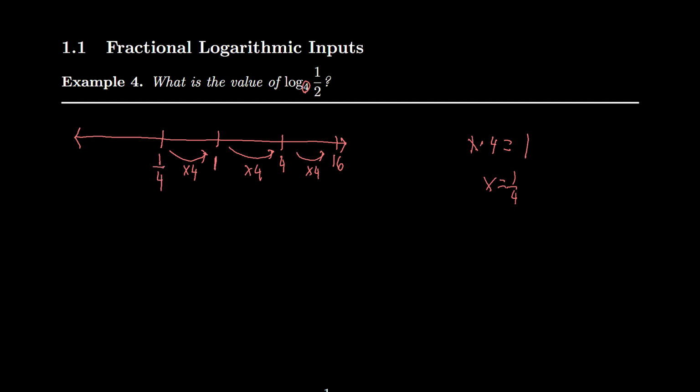So let's take a moment and think about what's going on here. Look at this and try to figure out, because 1/2 is clearly somewhere in here, what do you think this value exactly is? This value, 1/2, is somewhere between 1/4 and 1. Here's the number of steps.